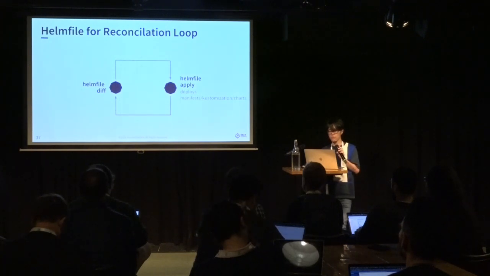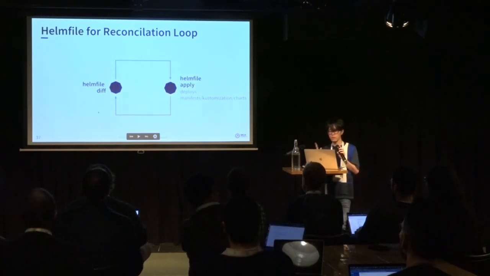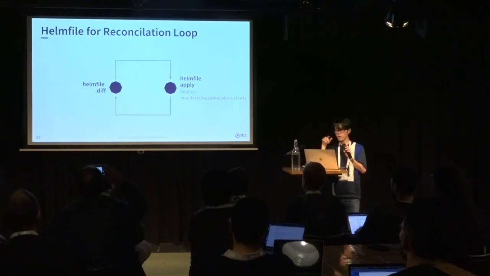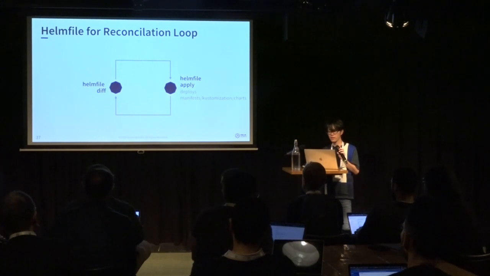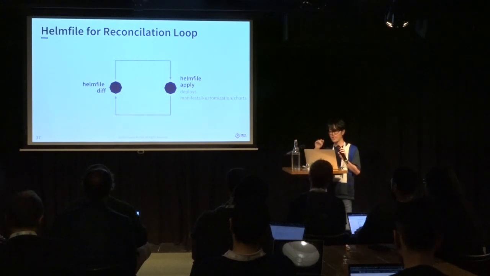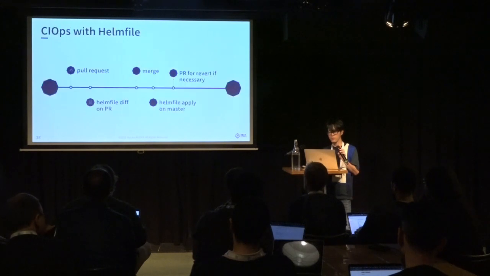So applying this to your reconciliation loop, you can just periodically run Helmfile diff and Helmfile apply, and you get automated reconciliation loop for any deployments writing Kubernetes manifest, Helm charts, and Kustomize.